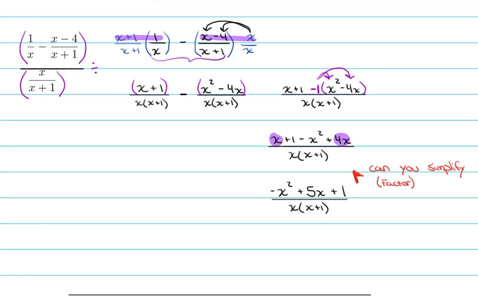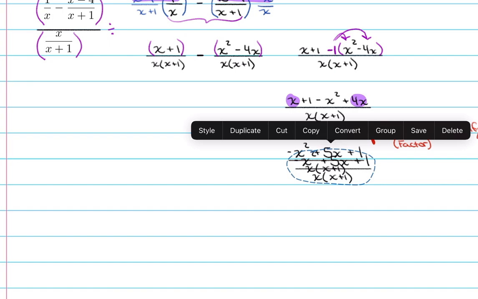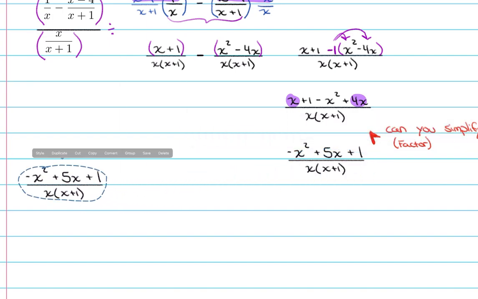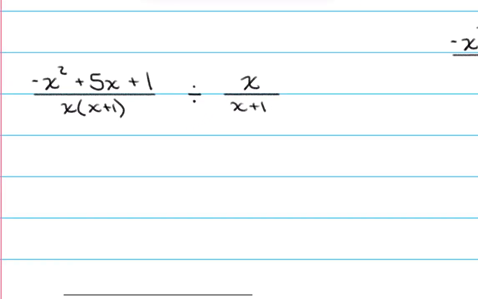So now we're going to go back to what we were doing earlier, and I'm going to cheat just a little bit. I'm just going to duplicate. So that is our numerator, and then we are going to divide by our denominator of our complex fraction. Okay, so same rules apply here.